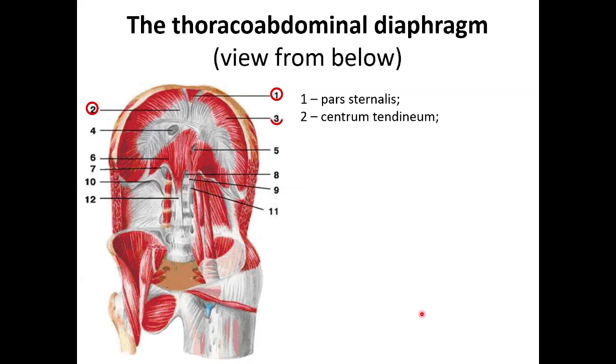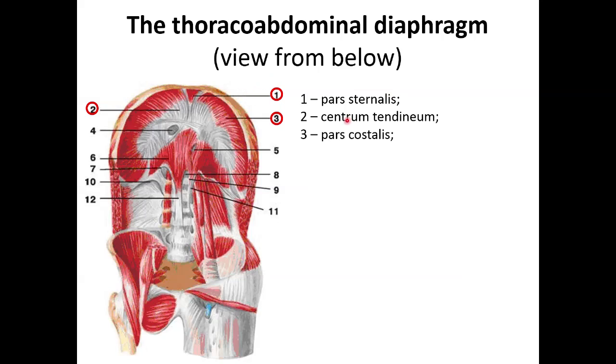Then number 3, what is it? Number 3 is pars costalis. We already have said that the diaphragm, the musculus phrenicus, consists of 3 parts.